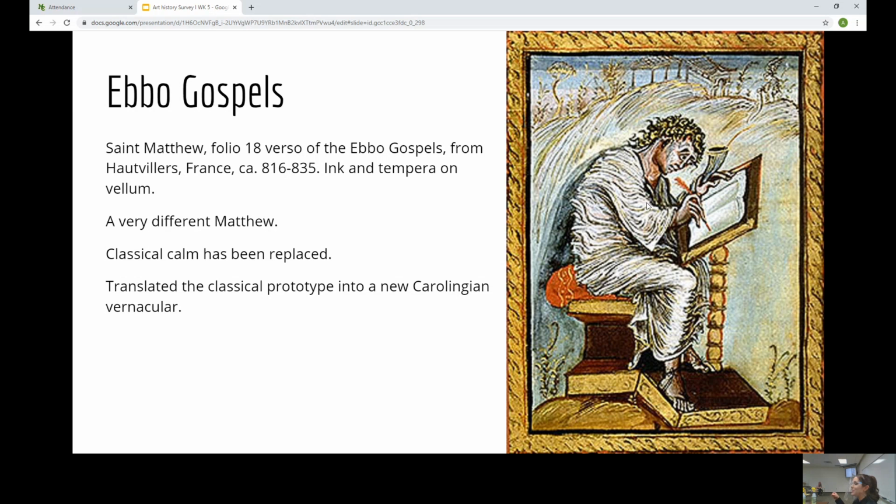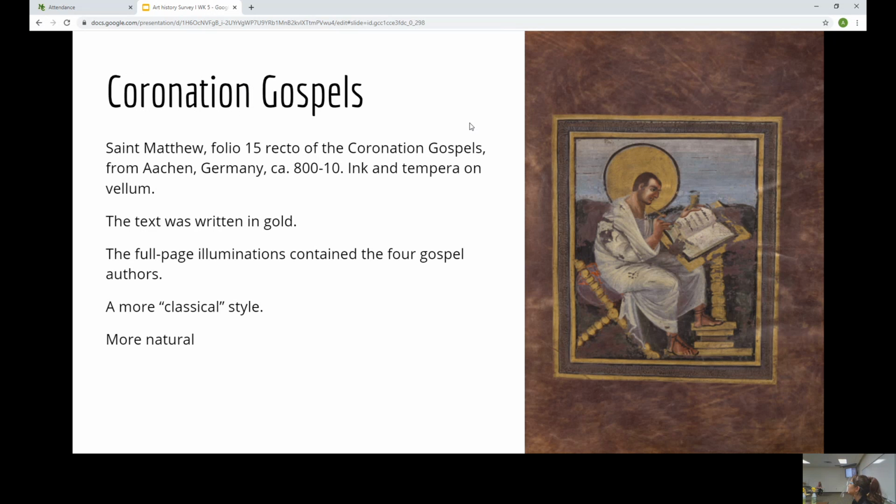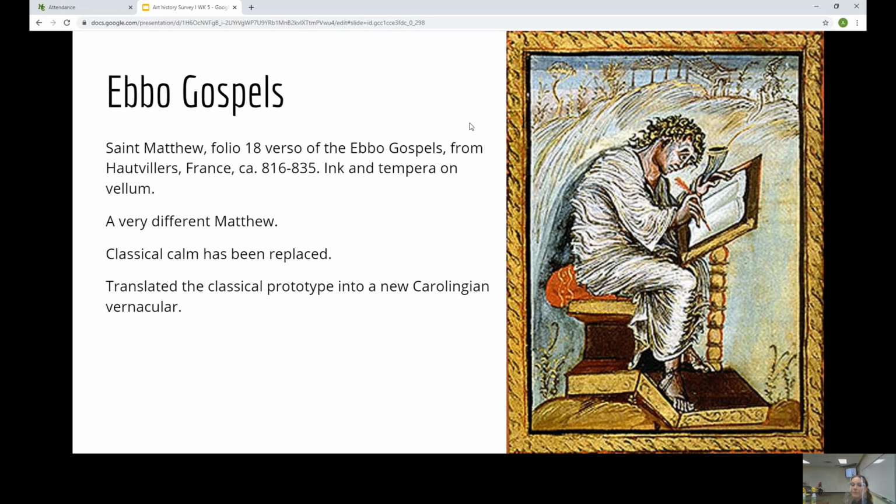He's legit holding onto the ink jar, writing as fast as he can, and that's echoed in the actual frame of this paper as well. So quite a bit different than the last one, which has a tone that is more of a Greek classical style. He doesn't really have an expression. Quite a bit different there.